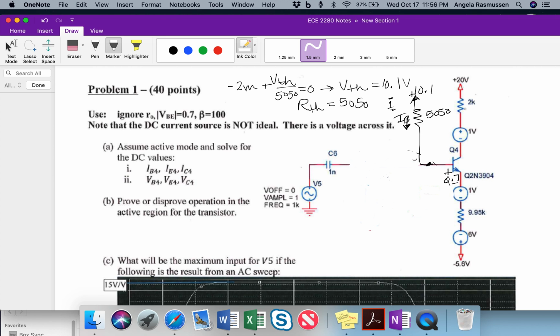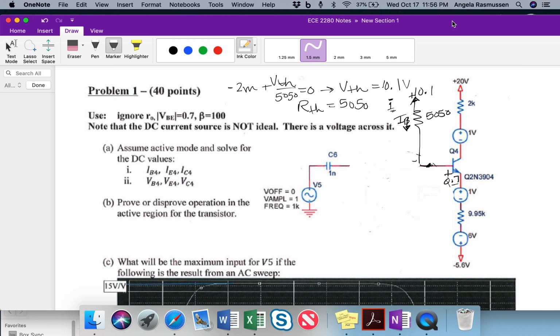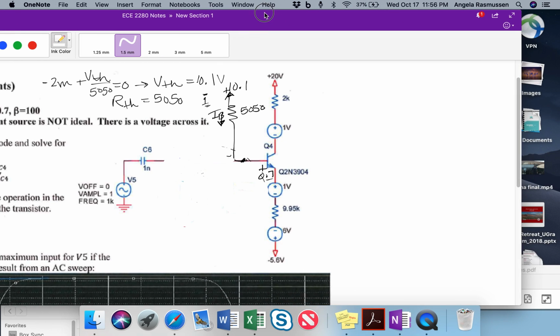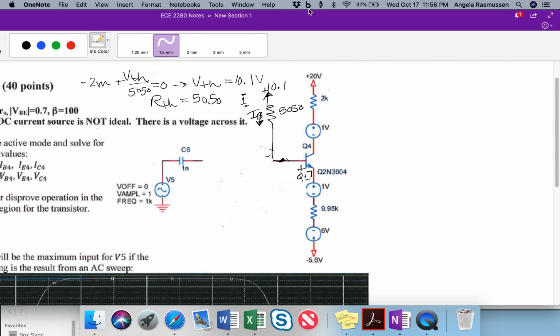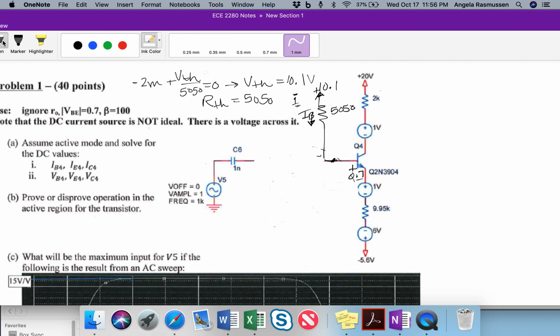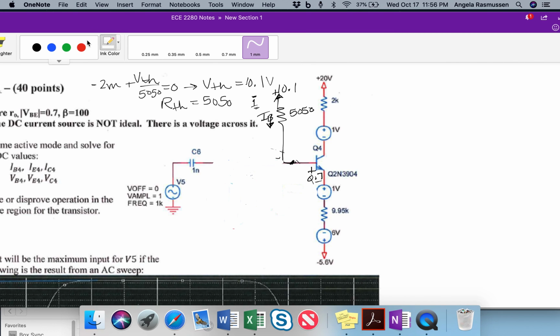So with our new circuit here, I can solve for the DC values by taking a loop from the base through to the emitter. I have a plus to minus here, and then the current is going to be IE plus to minus.